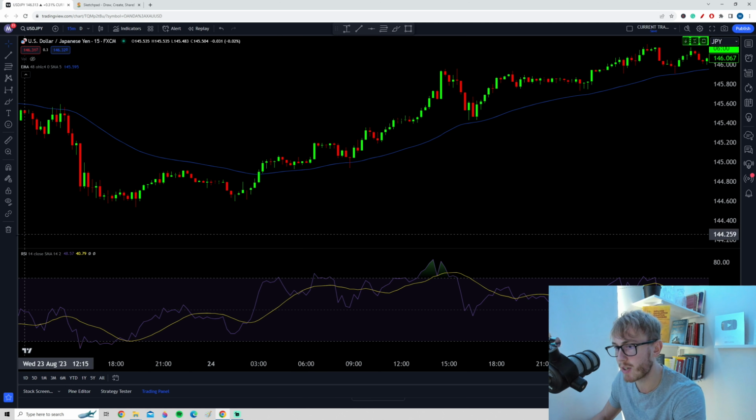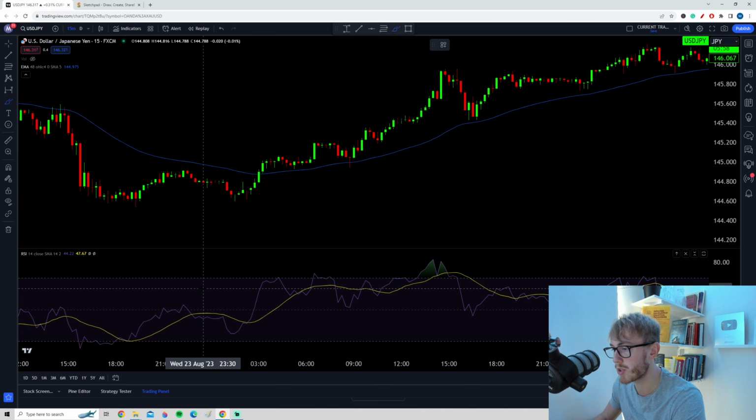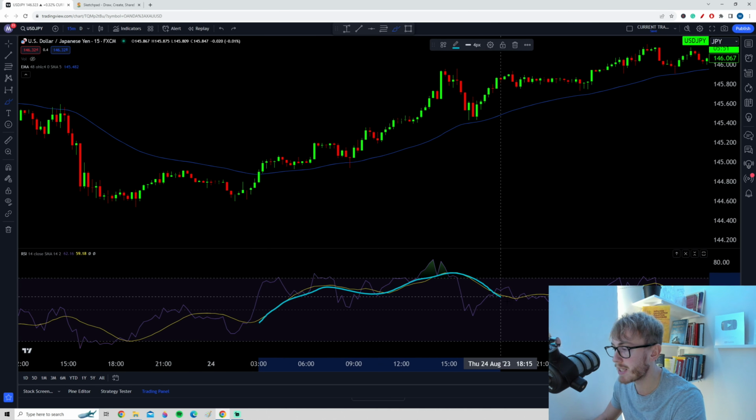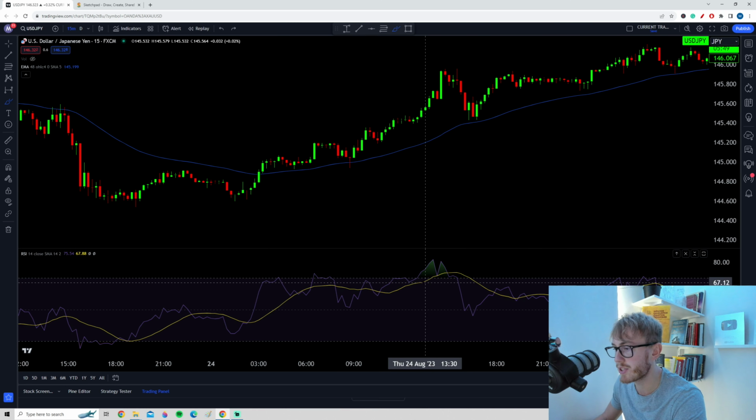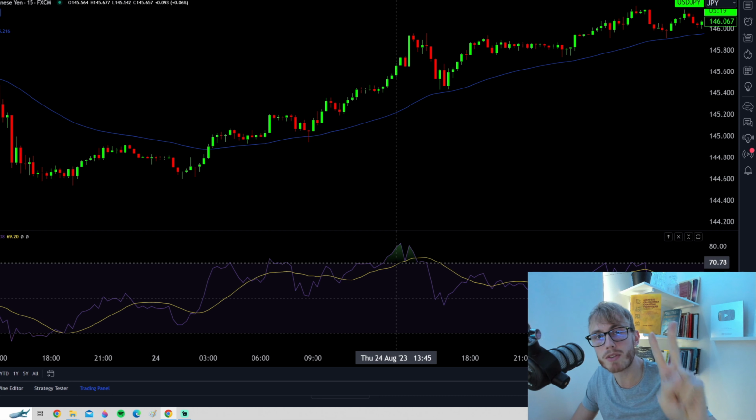If you have been watching that video, you know that most of the times when we use the RSI indicator, we don't really care about the yellow line right here, which is basically a moving average of the RSI. But in this trading strategy, I find that the moving average of the RSI can be a good tool for confirmation of the uptrend.